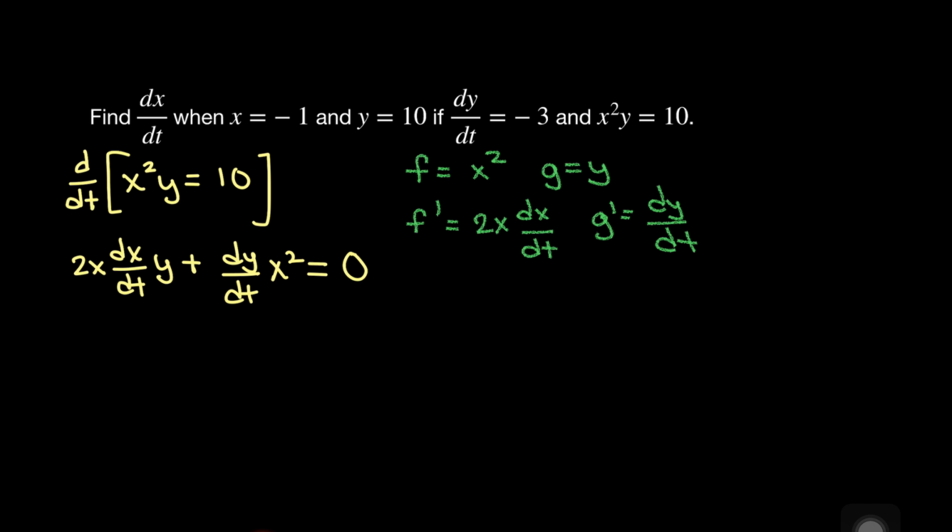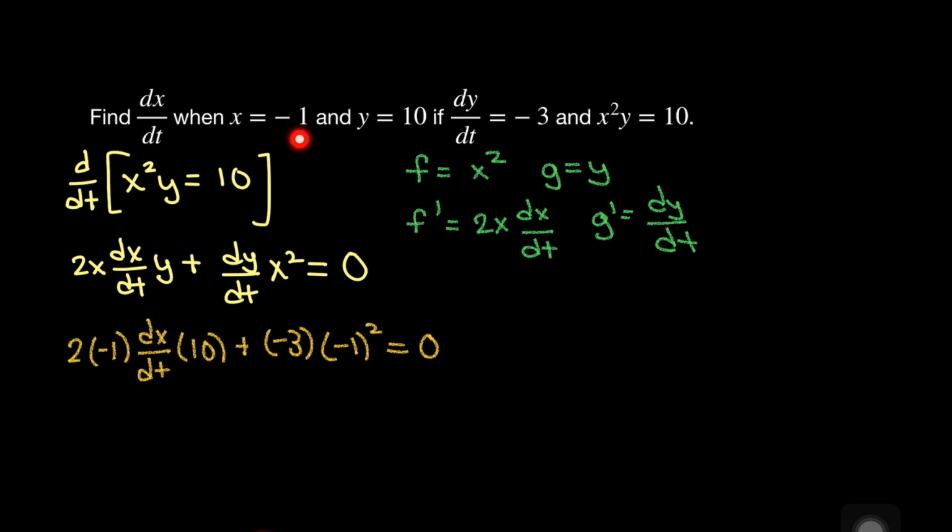So to finish this problem, I can just plug in the values given and solve for the unknown. We're told that x is -1, so everywhere I see an x, I'm going to put in a -1. And we're told that y is 10, so 10 goes in for y, and dy/dt is -3. I don't know what dx/dt is, and that's what we're solving for.